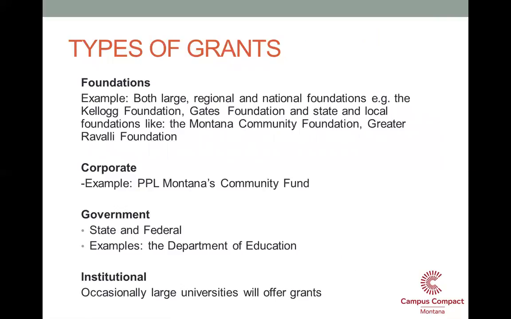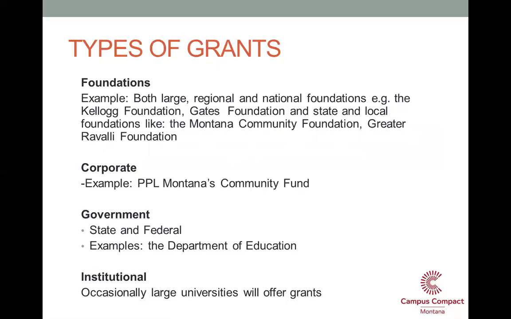Foundation grants, so large regional and national foundations like the Kellogg Foundation, the Gates Family Foundation. You know, you listen to NPR, you hear several foundation names, folks that come from big family money, oftentimes old business money in the United States.